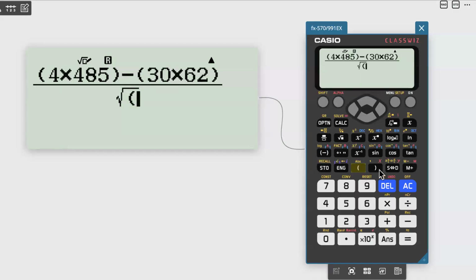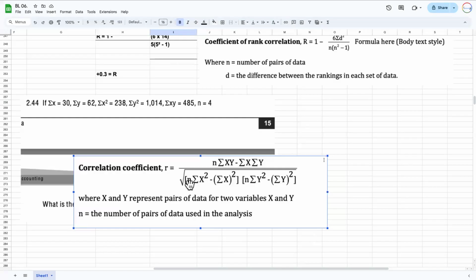So we are going to have two pairs of data. In the first pair, n is equal to 4 actually.